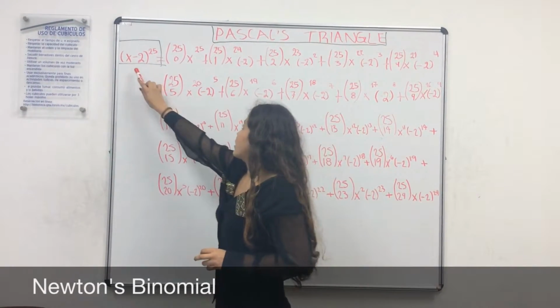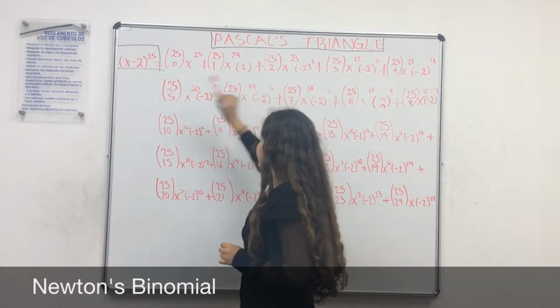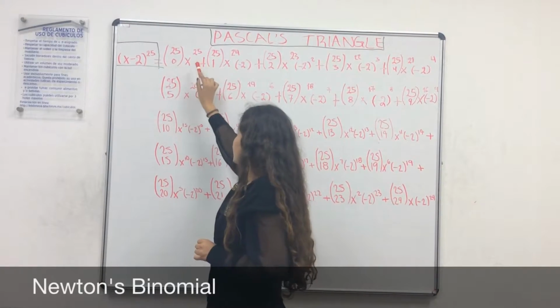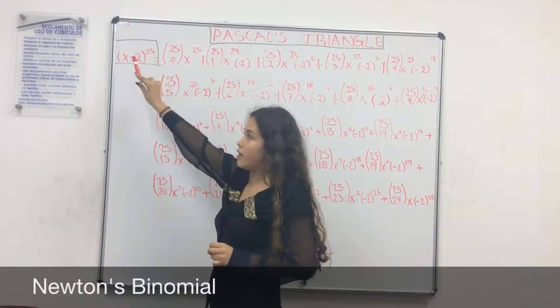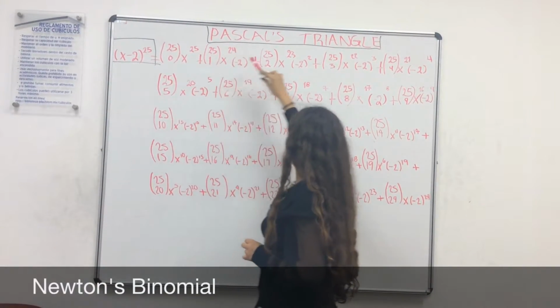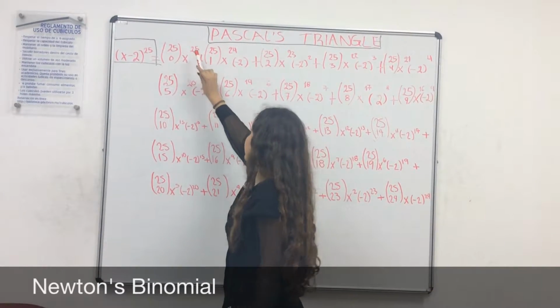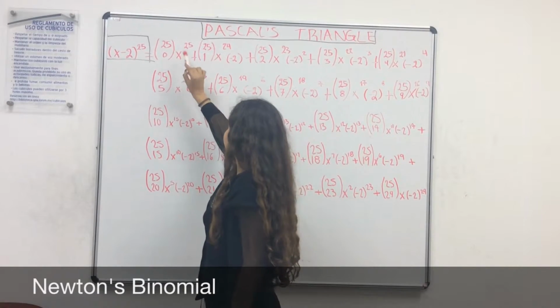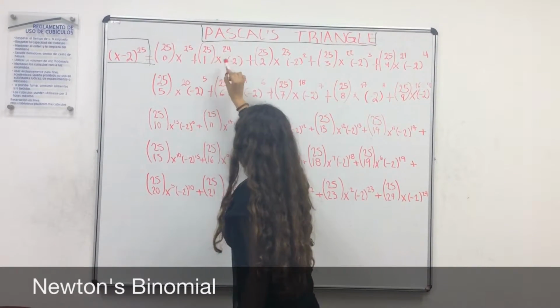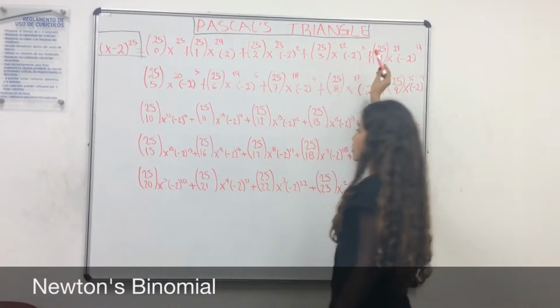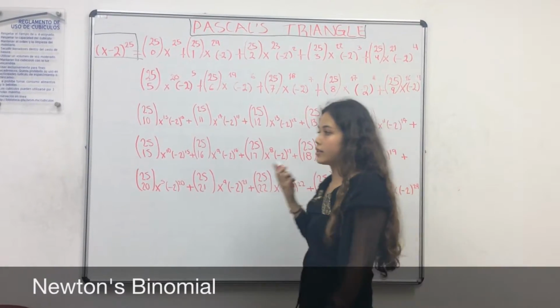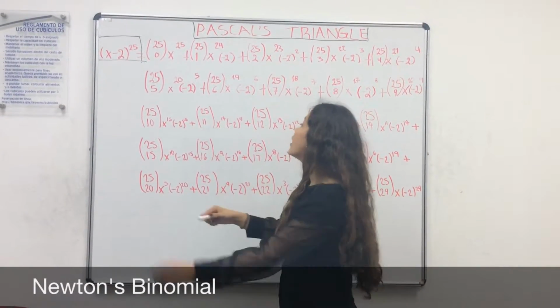And then we need to write x, like here it says, and we need to write the exponent, like there is 25, but in all the terms in decreasing order, that will be x to the 25, and then x to the 24, 23, 22, until x to the exponent 1.